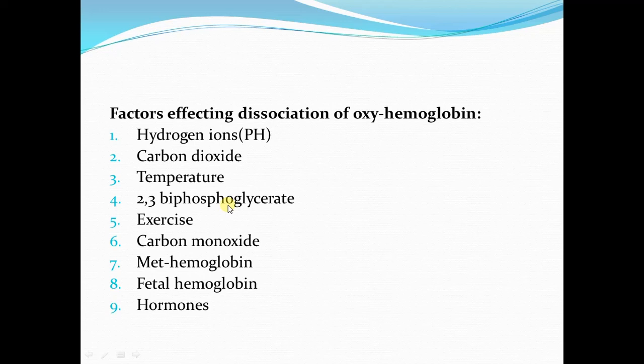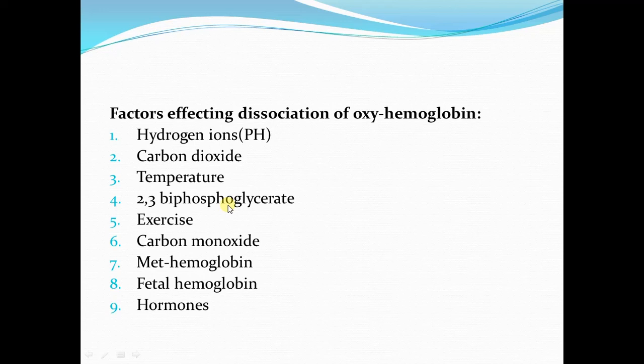Now hypoxia can occur because of some respiratory diseases as well. If a person is suffering from a respiratory disease that results in inadequate oxygenation of the blood, so that tissues are having less supply of oxygen, again it will stimulate the formation of 2,3-biphosphoglycerate.